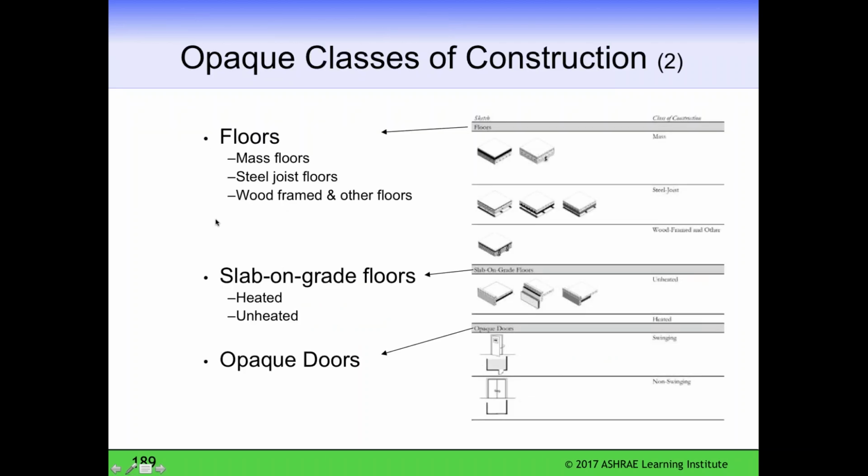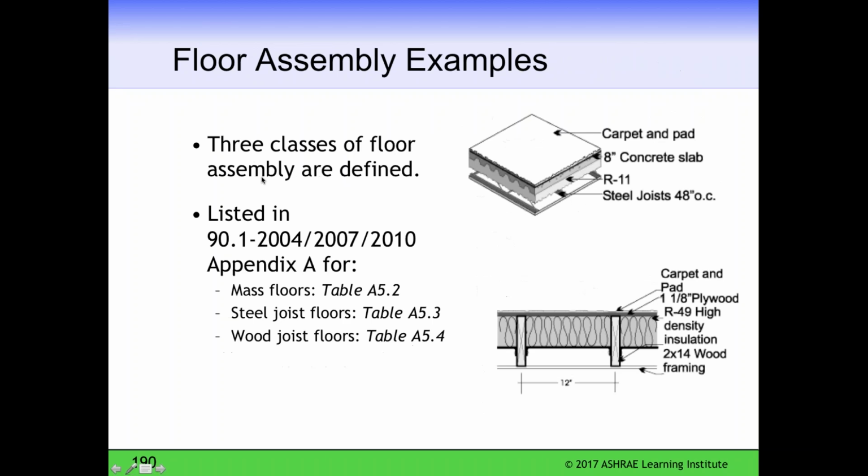We'll see this. Here are floor options: mass floors, steel joists, wood frame, slab on grade floors, heated and unheated. The requirement for unheated is not real strong in the southern part of the U.S. We'll see that later. So here are the three classes of floor assembly.